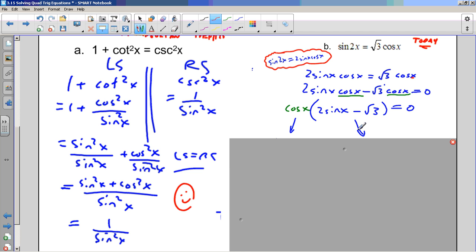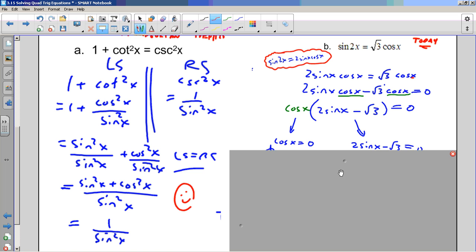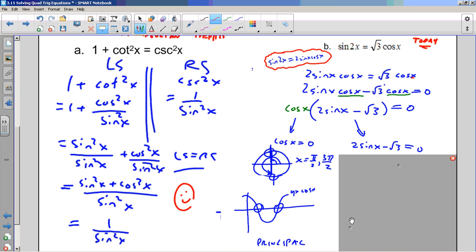All right, this gives me 2 separate equations. This is the idea of quadratic trig equations. There are solutions here and a bracket here that gives me solutions: 2 equations wrapped into one, bracket and bracket. Over on this side, when is cos x 0? Cos x is 0 where the x coordinate is equal to 0.